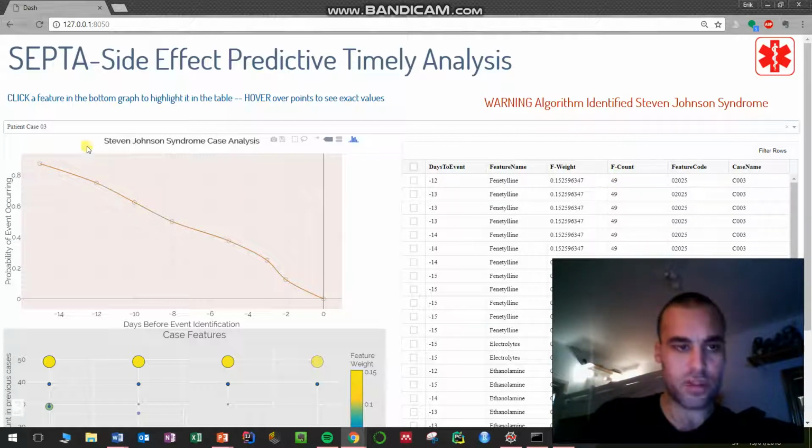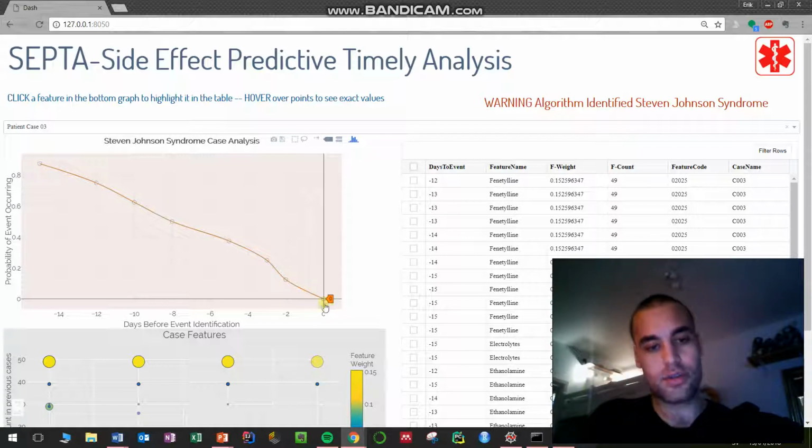Now, in this first graph, we have the shift in probability of the event occurring in time. So, of course, at day 0, we have a probability of 0. This is a survival graph, which is a statistical measurement. And so we can observe the shift in probability in time.